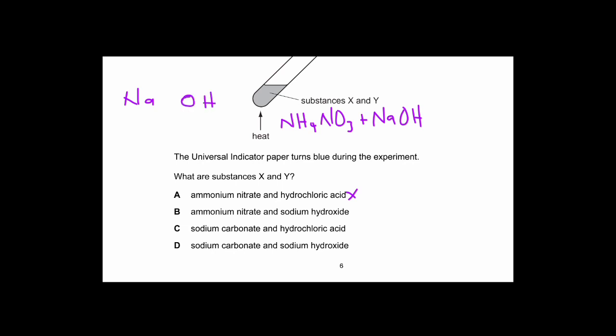Then we have ammonium, we also have a nitrate. These substances are reacting. This is negatively charged, this is also negatively charged, this is positive, this is also positive. So we expect the sodium and the nitrate to react to form sodium nitrate.